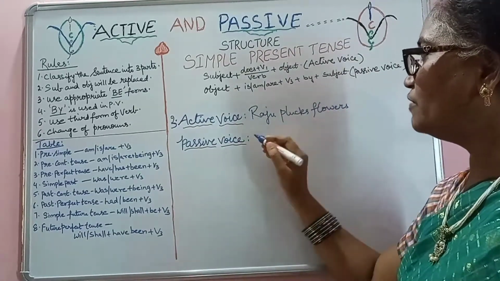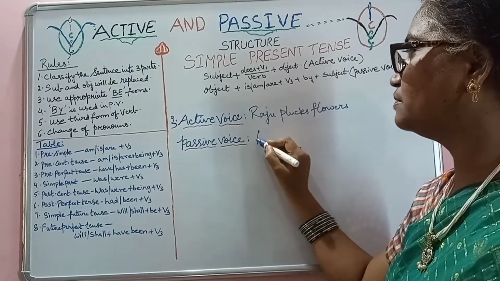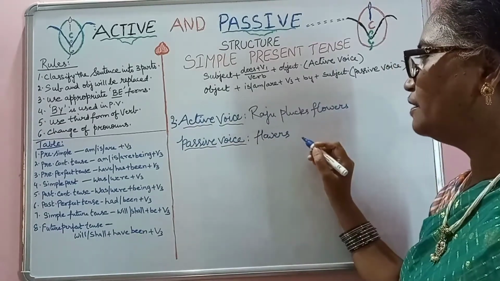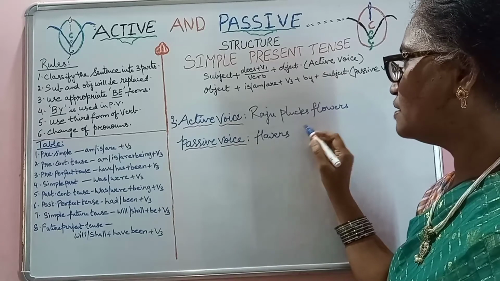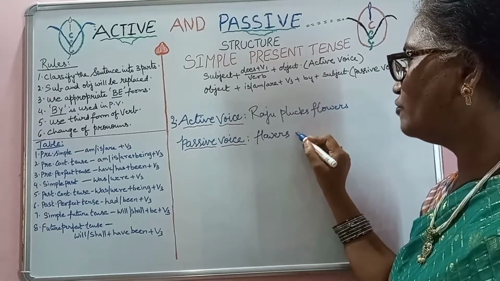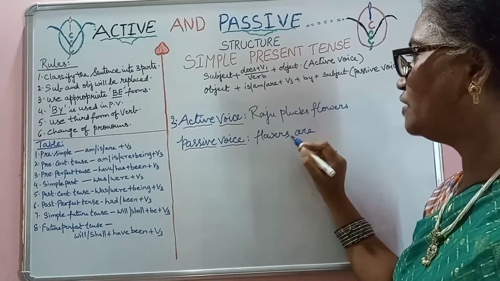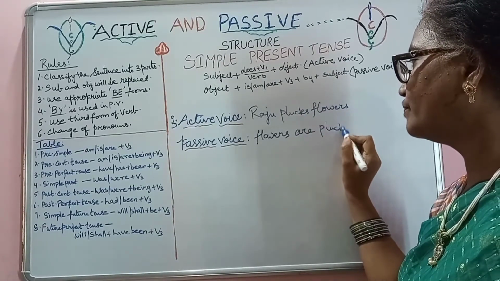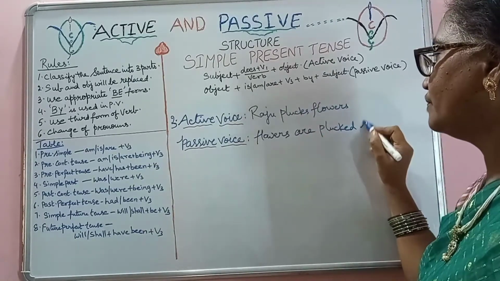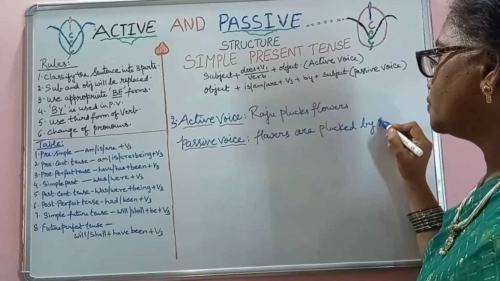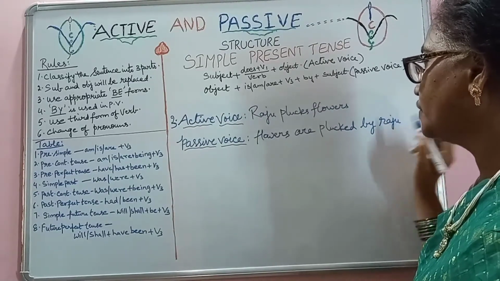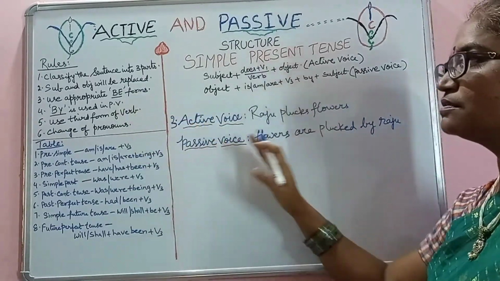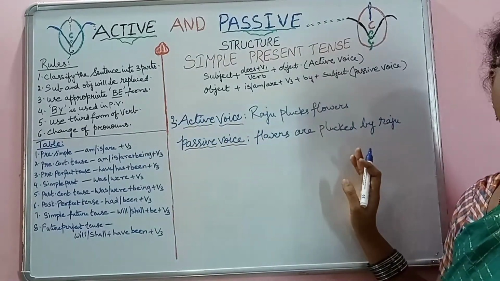Flowers, and this is a plural form, so we have to use are. Flowers are, and plucks will change into plucked by Raju. Very simple. If you keep all these rules in your mind, you can change the sentence into a passive voice.